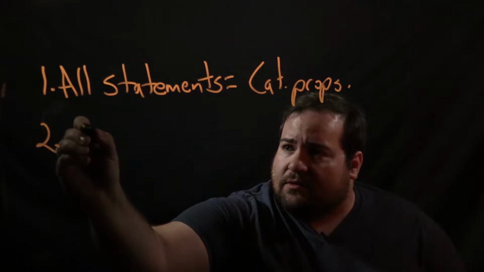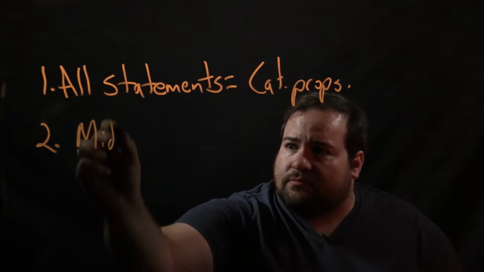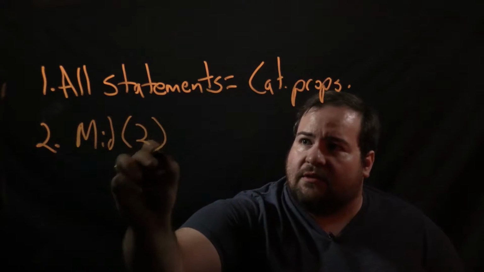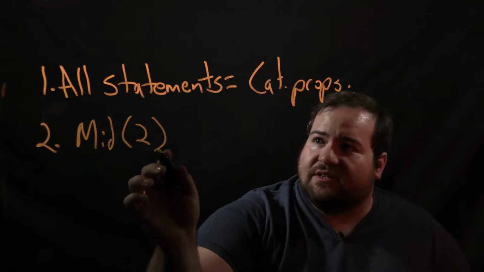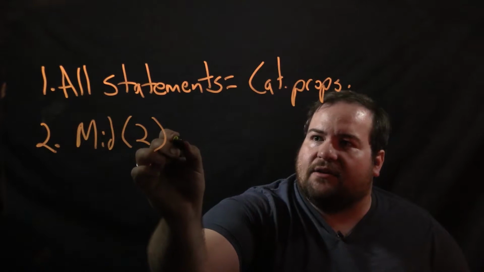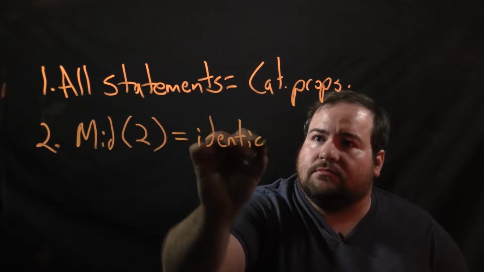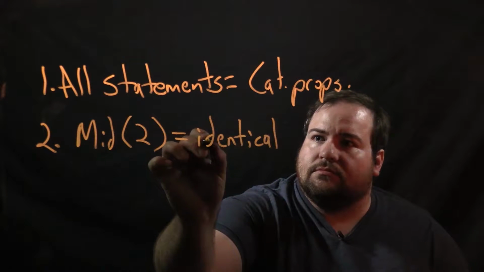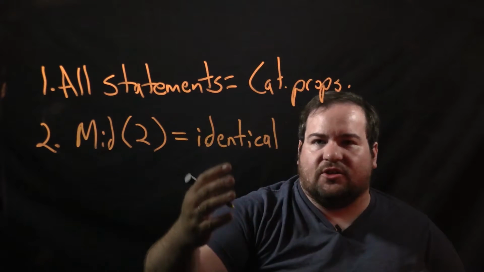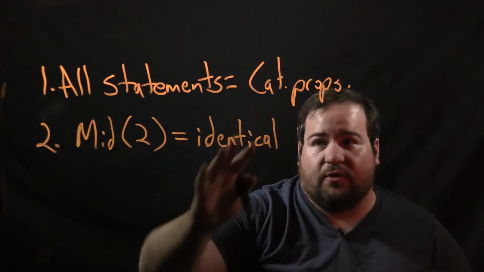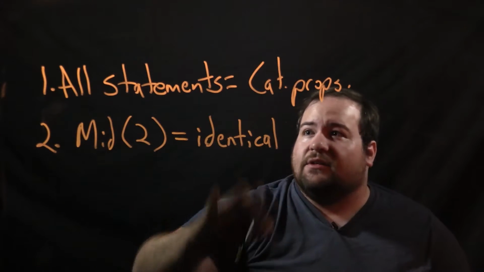Second, the middle term occurs twice, and both occurrences must be identical. You can't just change the letters halfway through, right?